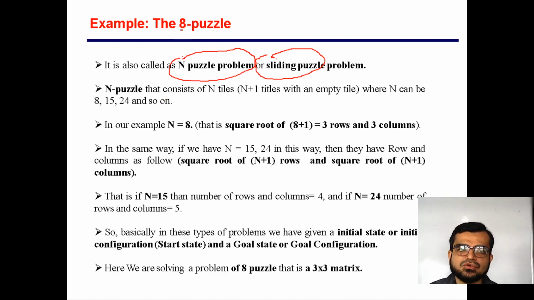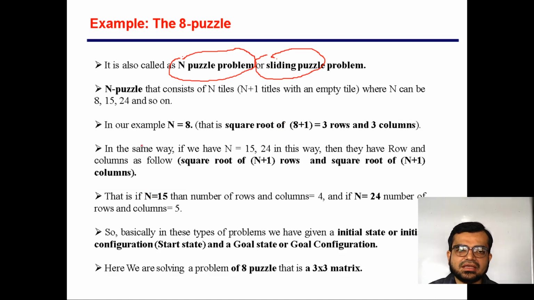For example, if I'm using 8 puzzle, it uses 8 tiles, and 8 plus 1 tiles will be there, that means one empty tile along with the n tiles. So the total number of tiles will be 8 plus 1, that is 9 tiles. Here n can be 8, n can be 15, n can be 24, and so on.